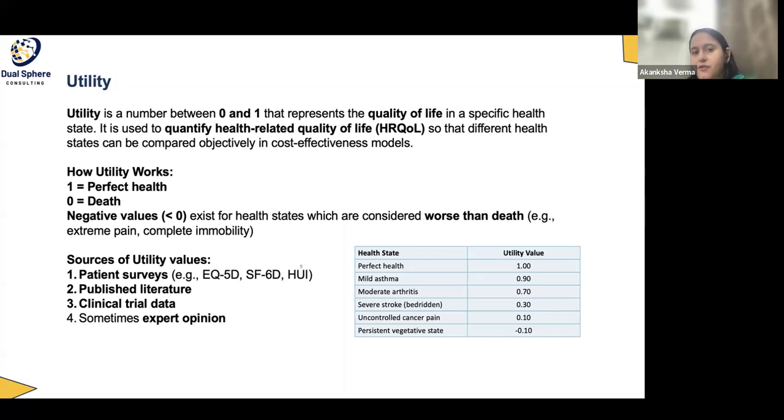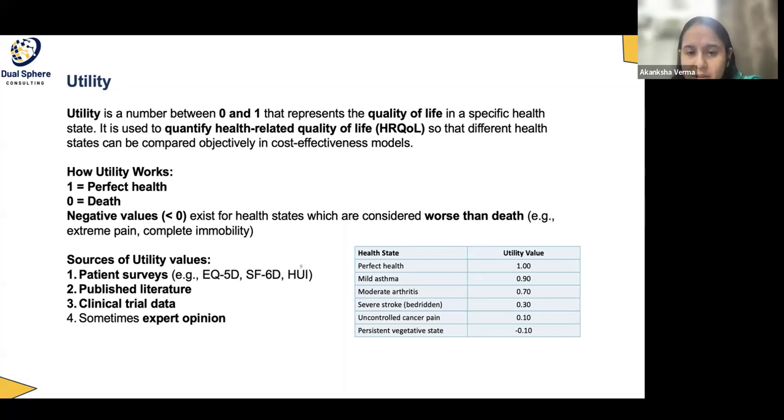You first search for published sources if available, and use the published source first. Otherwise, you can do a patient survey as well. Then trial data. Sometimes clinical trials also report these utility values. And even if it is not available, the last option is to ask experts in the field, and take their opinion about the utilities.